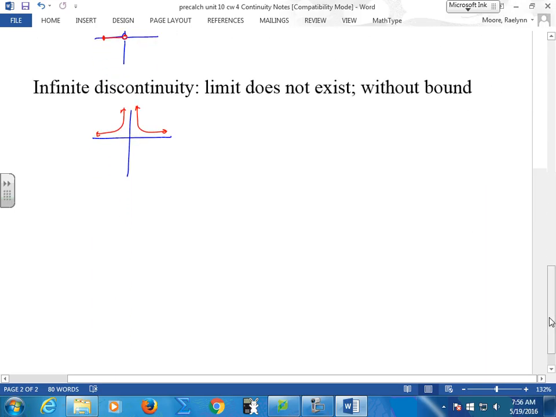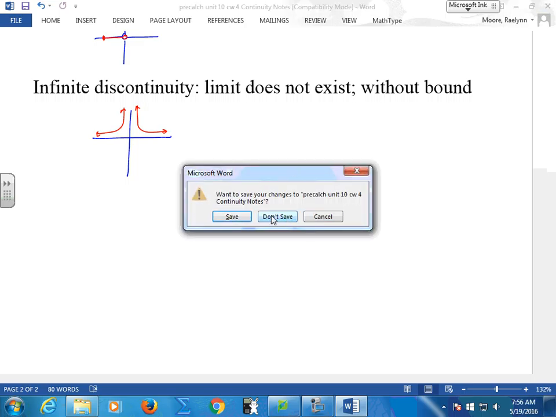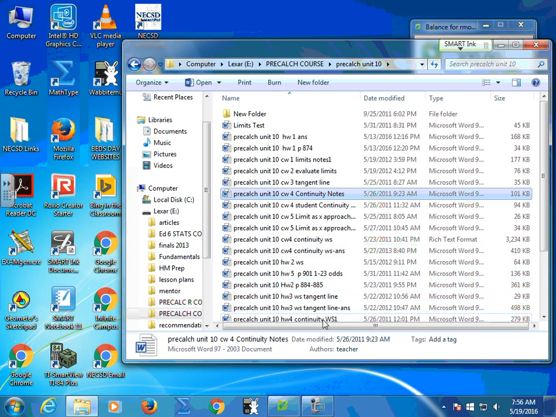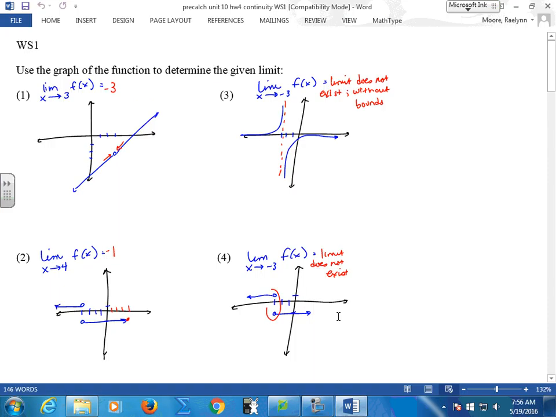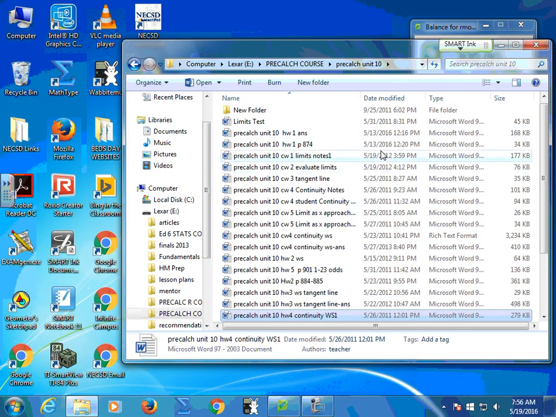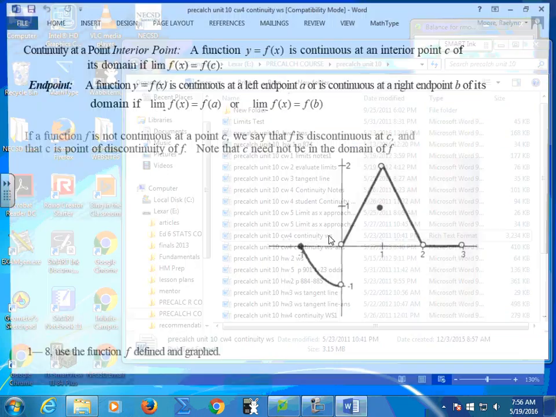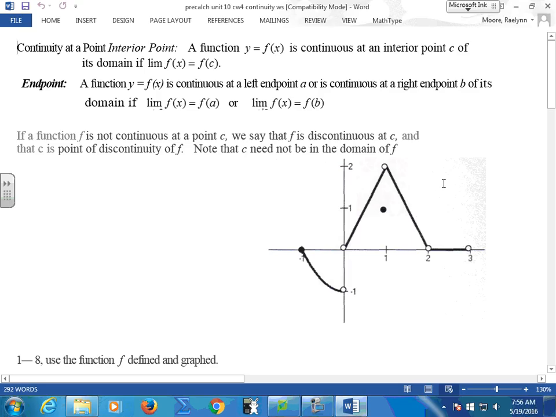Okay. So, I don't know if I have the worksheet. Let me see. No, I don't think I have that one. Yep, I have the worksheet. All right.